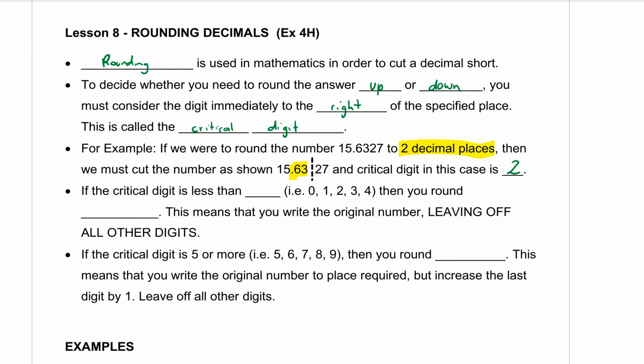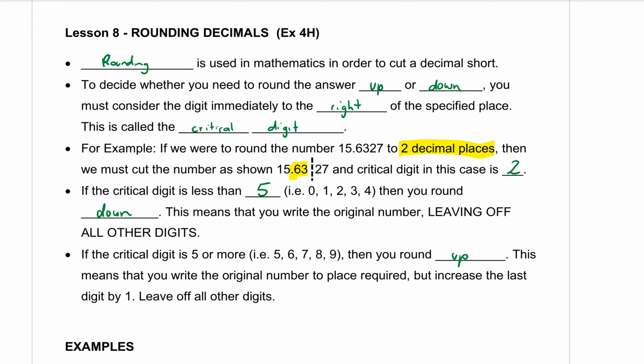In this case, the critical digit is a 2. If the critical digit is less than 5, then we are going to round down. Rounding down just means that you chop the rest of the decimal places off and the first 2 decimal places that you have there stay exactly the same. But if the critical digit is larger than 5 or including the 5, so anything 5, 6, 7, 8 or 9, then you're going to round up.